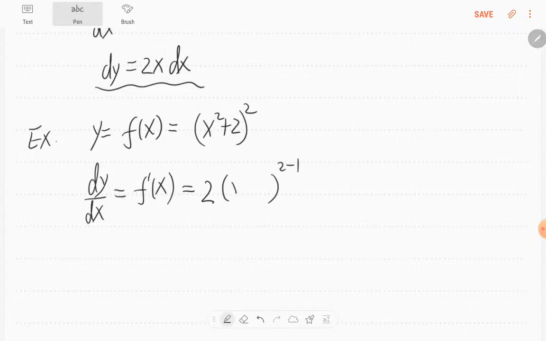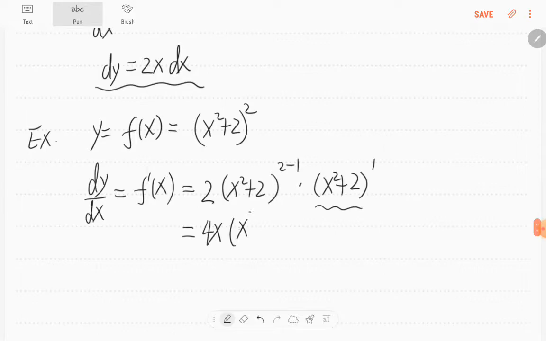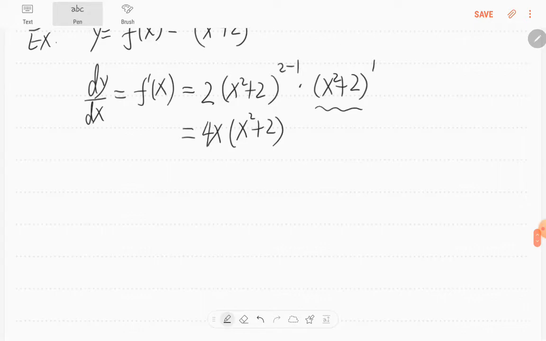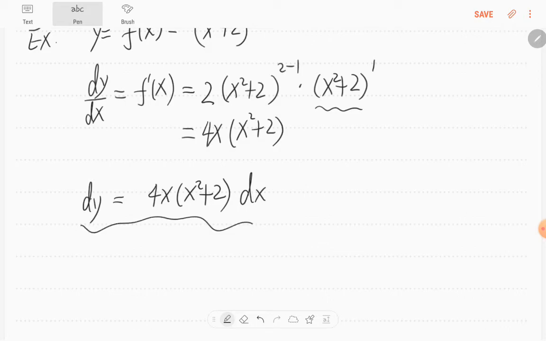We keep the inside, x squared plus 2, then multiply by the derivative of the inside function, which is 2x, so times 2 would be 4x. So dy over dx equals 4x times (x squared plus 2). What is dy? dy is equal to 4x (x squared plus 2) dx. It's very easy to find the differential of y. You just need to take the derivative first, then multiply both sides by dx, and you will get this result quickly.